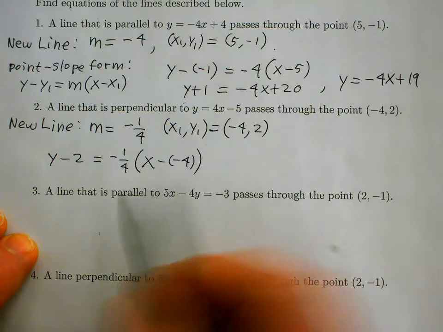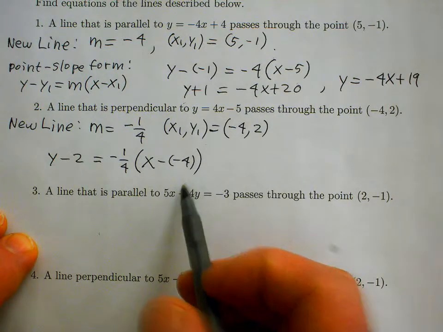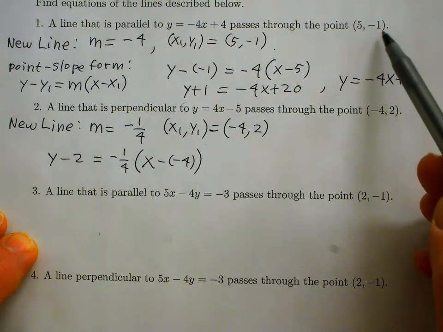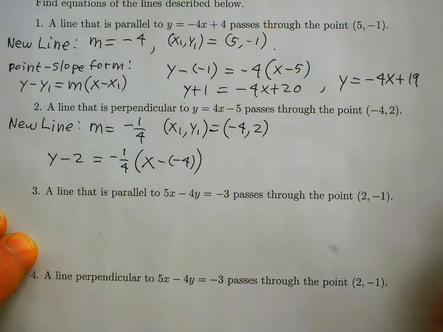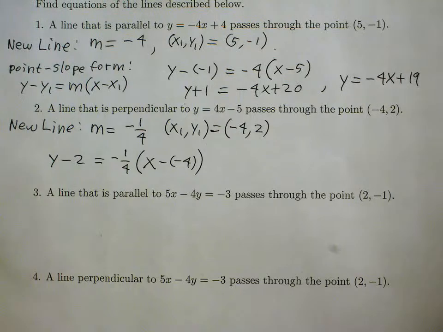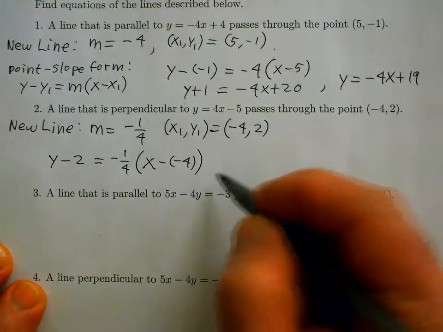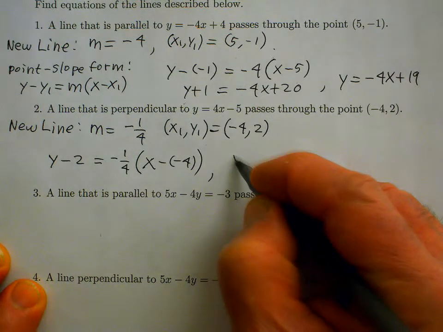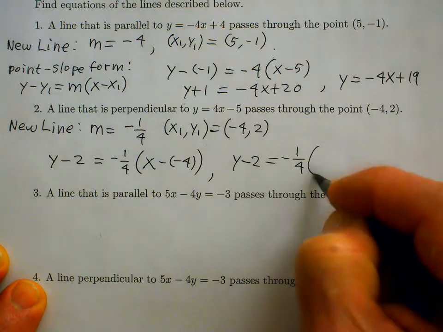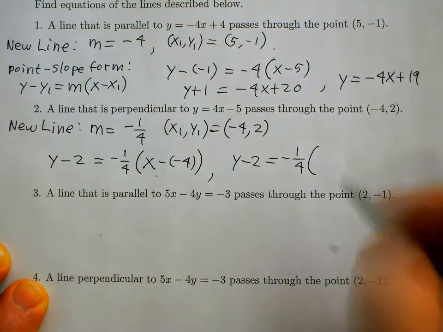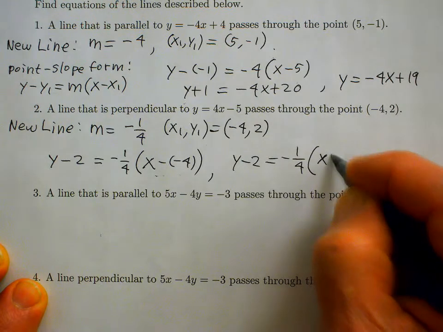So we use numbers with negative coefficients or negative numbers on purpose so that if you have a tendency to drop negative signs, hopefully you'll get over that. Okay, then we simplify a little more. Y minus 2 equals -1/4 times the quantity x plus 4, because x minus -4 is x plus 4.